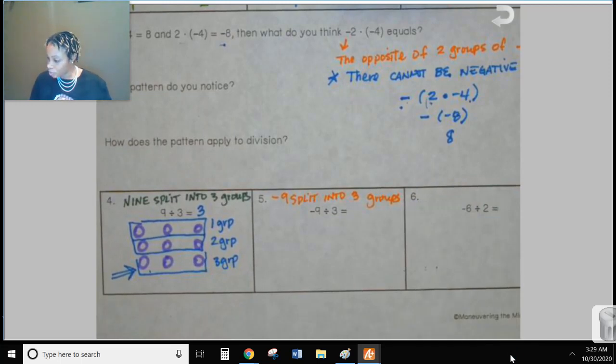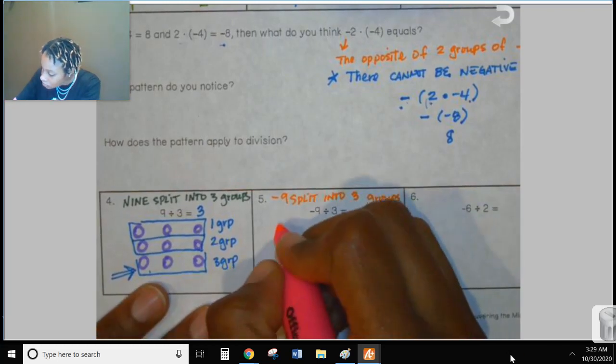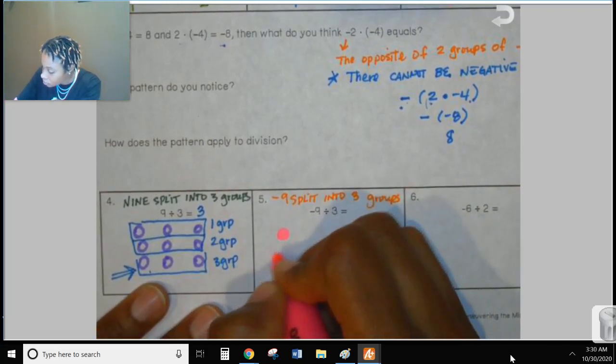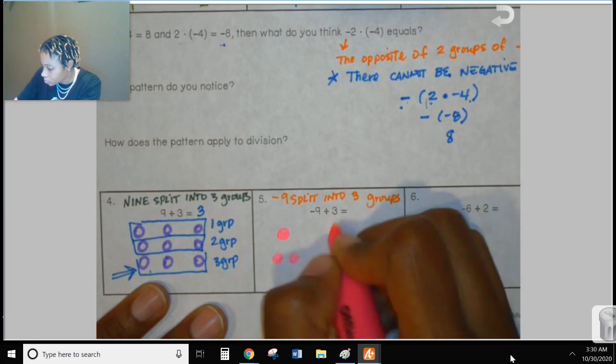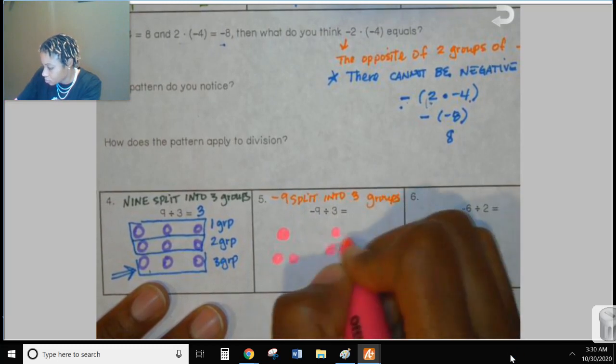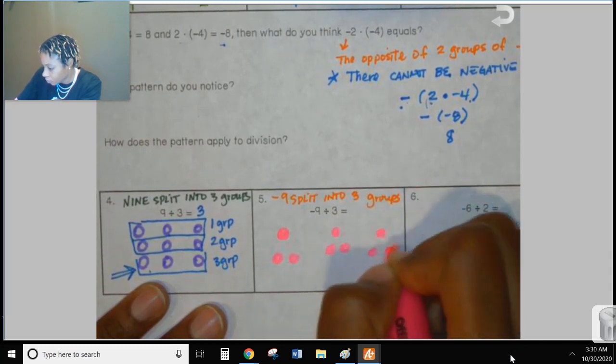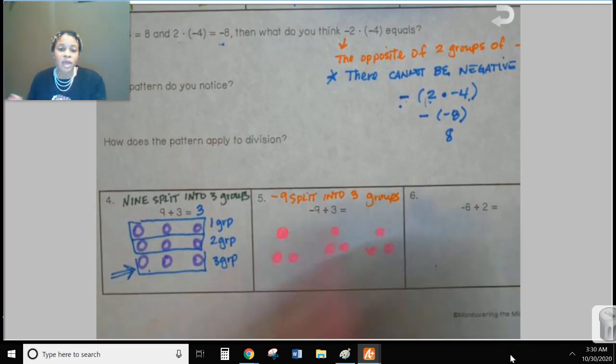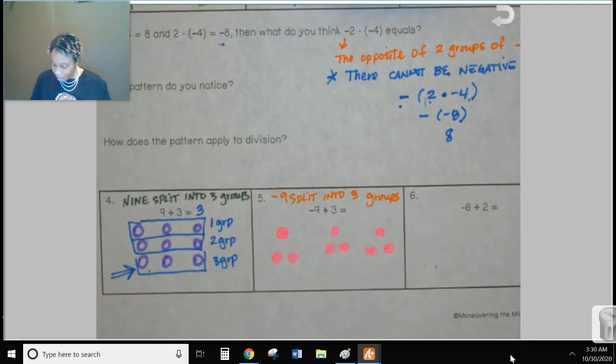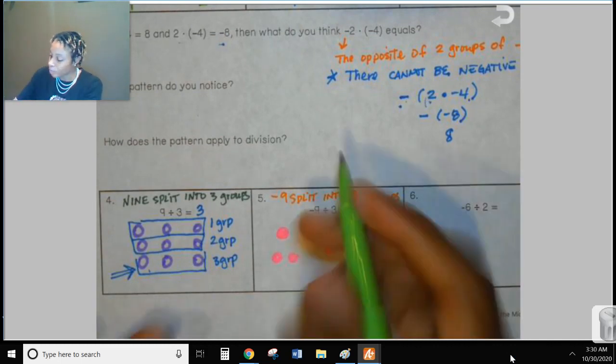So we are going to have 9 shaded counters. Okay, and then we want to take those 9 counters and break them into groups of 3.